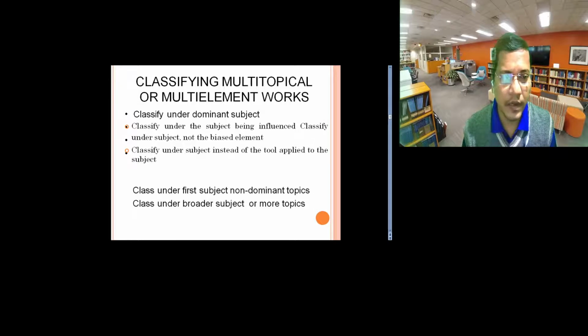Classify under a subject, not the biased element. Classify under the subject instead of the tool applied to the subject. You should follow such principles when you are going to classify a document. Class under the first subject for non-dominant topics. Class under the broader subject for two or more topics.